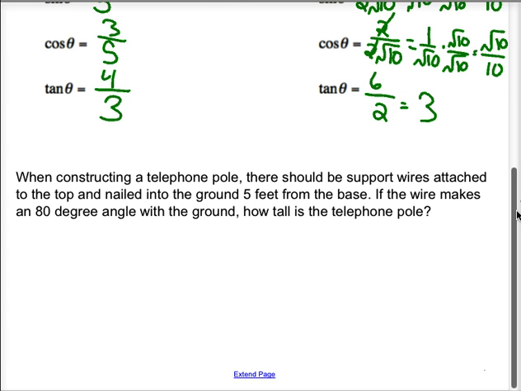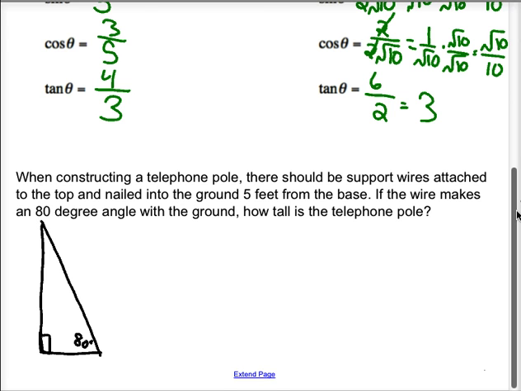Okay, so I'm going to say, here's my telephone pole right there, and here is my support wire coming down. So the pole we're assuming is just put straight into the ground, making a 90-degree angle.